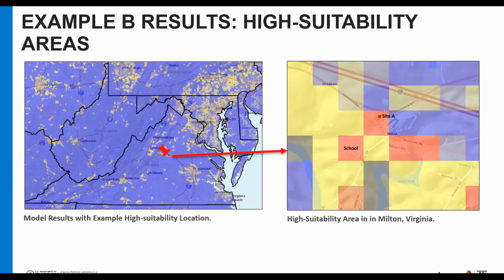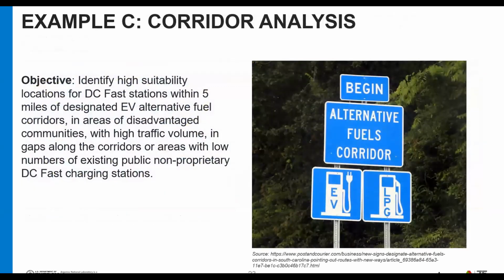In this area, the nearest non-Tesla charger is located about 3 miles away. So we can see this place is lacking an EV charging station as of now. So the model identified this area to be a potential high suitability area for an EV charging station.